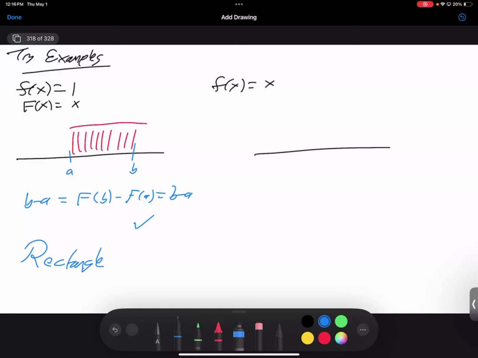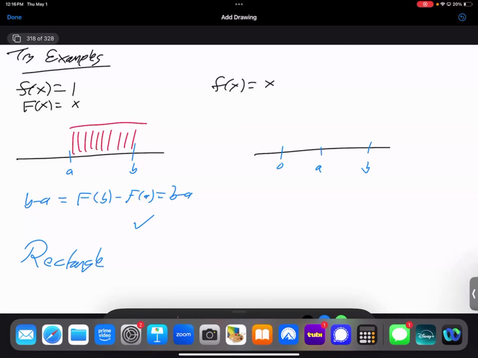We did a rectangle. All right, way to go, guys. Now let's do f of x equals x. This is a what shape? It's a triangle. I could do the more general ax plus b, but we'll just do this. So this is technically a trapezoid. So I could calculate the area.